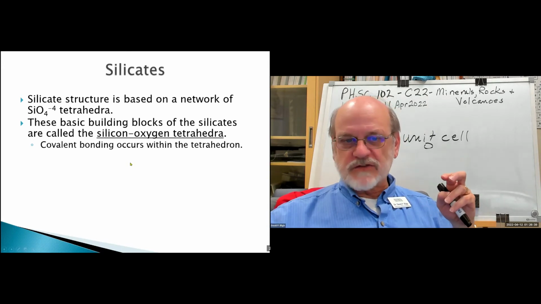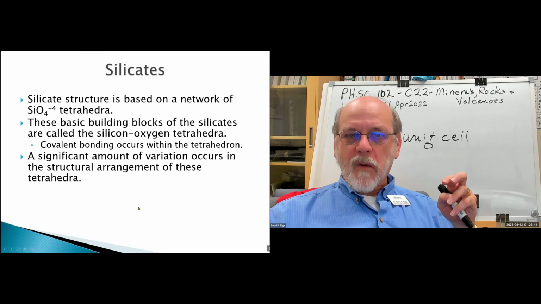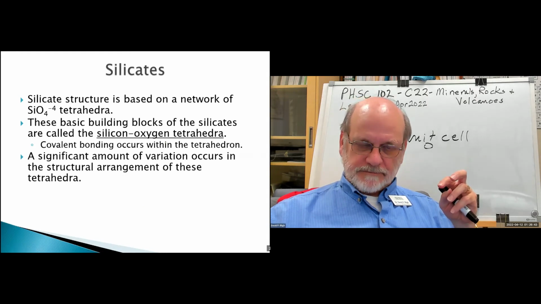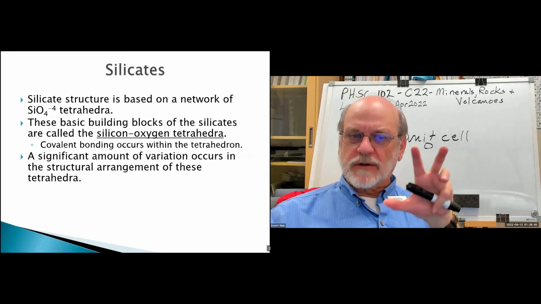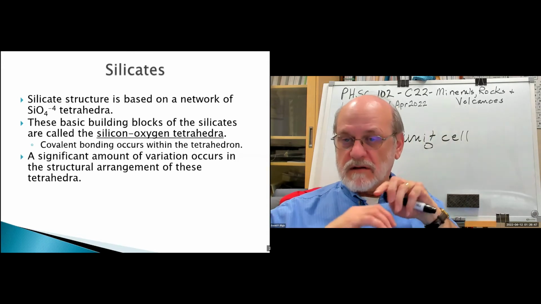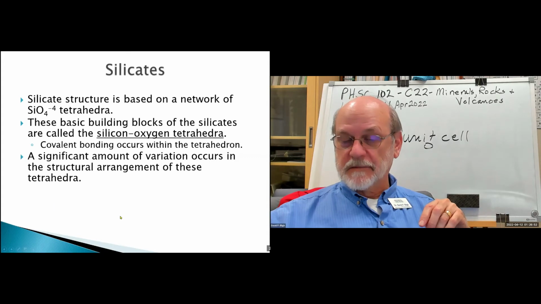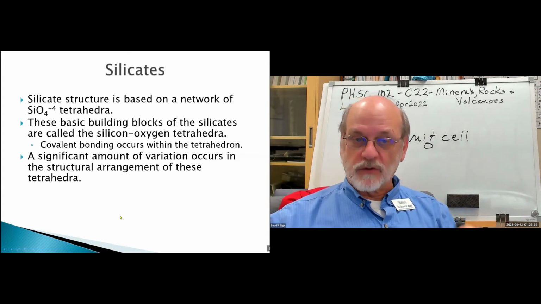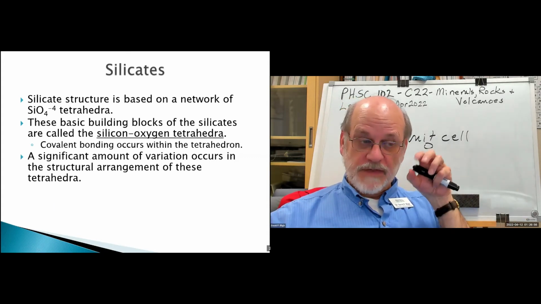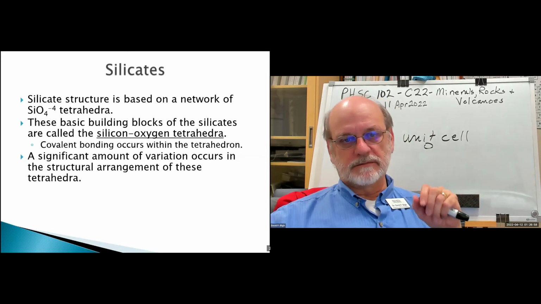Covalent bonding within the tetrahedron. And these tetrahedra can be arranged in almost infinite variety of ways. That's where we get the differences in minerals of, in this case, the silicate minerals.